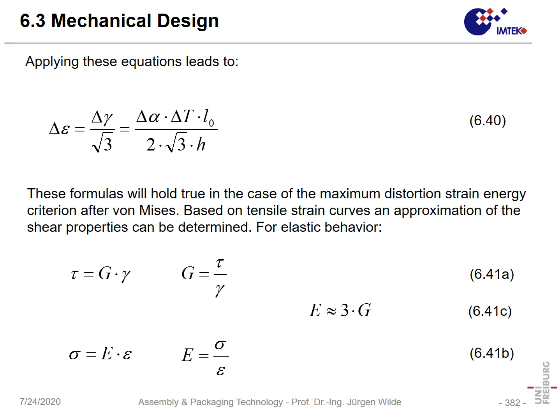And when we put that into our formula, we can see this delta epsilon, which we have in every temperature cycle, or in each temperature step, is delta alpha, delta T, L0 divided by 2, divided by square root of 3 times H, and optional times square root of 2 for square components. The rest I already mentioned.